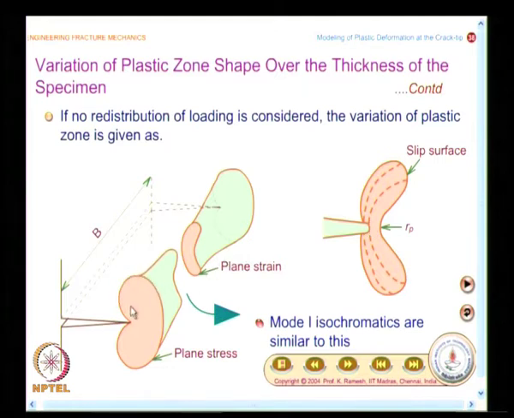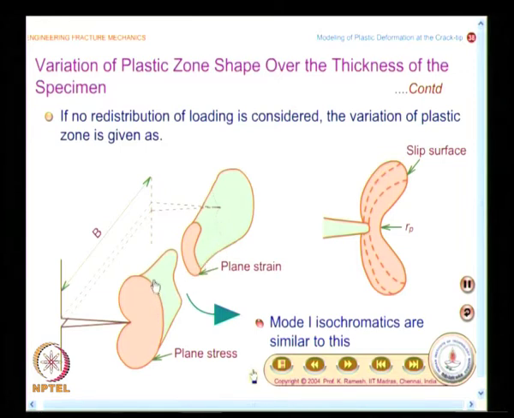From the approximate model, what is given in the surface is marked here. The idea is to give a visual picture that the plastic zone shape would change over the thickness of the specimen. That is the way you have to take this result. Suppose I consider even the redistribution, how does this shape vary?